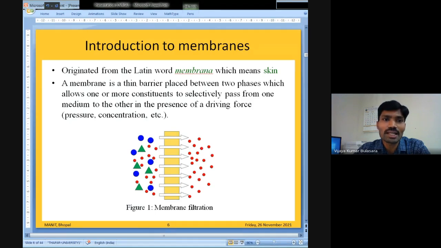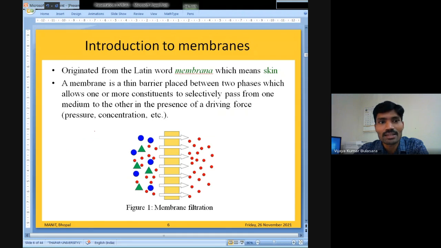This membrane acts as a thin barrier placed between two phases, and it allows one or more constituents selectively to pass from one medium to the other in the presence of a driving force. In the pressure driven membrane processes, the pressure difference is the driving force. When we apply pressure on the solute side, the solvent is forced to flow through the membrane under the driving force of the pressure difference.